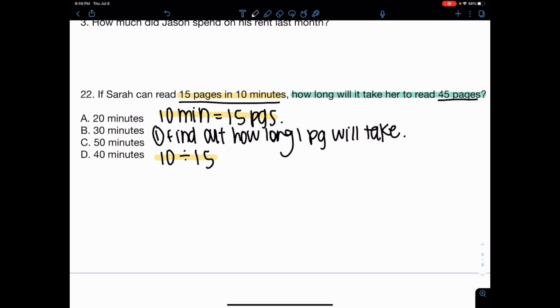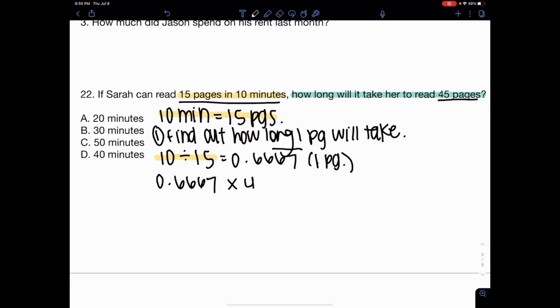So that 10 divided by 15 is going to be 0.6667, and it goes on and on. So, of course, that is for one page. Since one page took 0.6667, let's find out how long it's going to take for 45 pages.